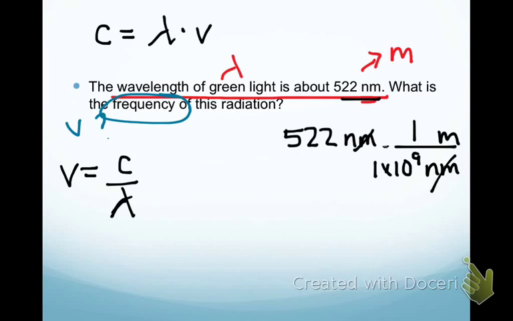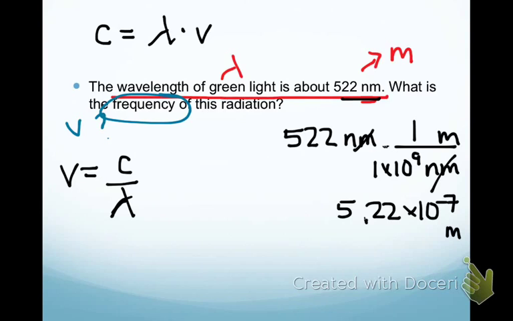Nanometers will cancel out, and so I end up dividing these two numbers. What I get then is a very small number. I get 5.22 times 10 to the negative 7 meters. That's my wavelength. So I haven't solved my problem yet. All I've done is convert nanometers into meters. You might not need to do this every time, but just pay attention to your units.